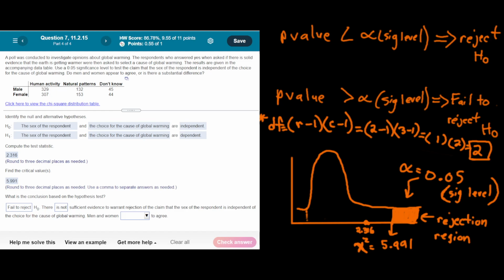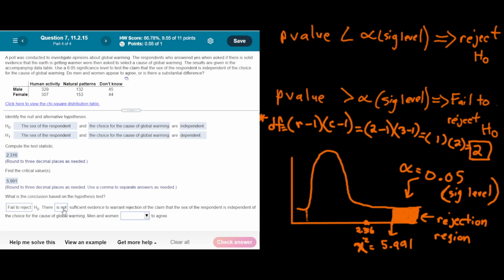That's definitely greater than our significance level, which is 0.05. We already have it here, right? Even though they're not asking you for the p-value, use the fact that you can get your hands on a p-value to your advantage. You're going to use that so many times for the remainder of your course. The p-value is definitely greater than your significance level, so we're going to fail to reject.